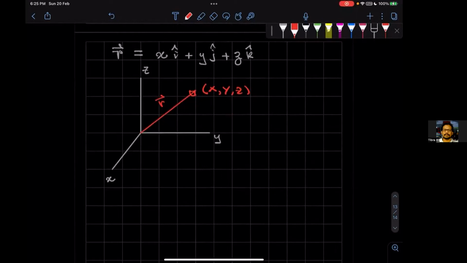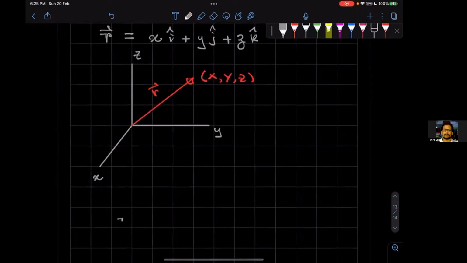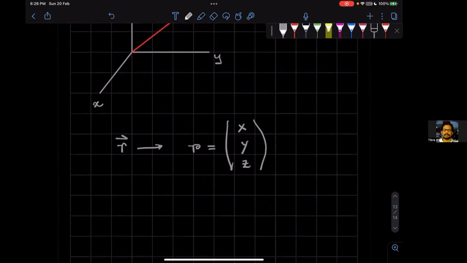Now if I make a rotation of this vector, then see what happens. But before we do that, let's rewrite this vector as a column matrix R with coordinates x, y, and z. These two have the same information.